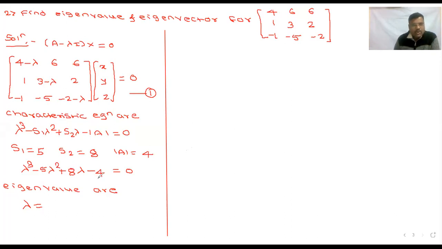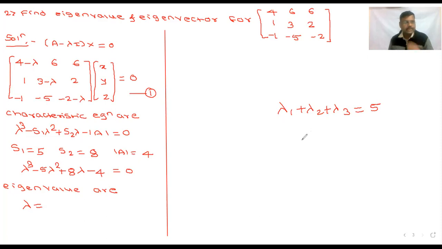So now from that S1, S2 and determinant, we got the two values. So which are the two eigenvalues? Yes, your calculator shows only two values, na? Lambda 1 plus lambda 2 plus lambda 3 is equal to S1, that is 5.